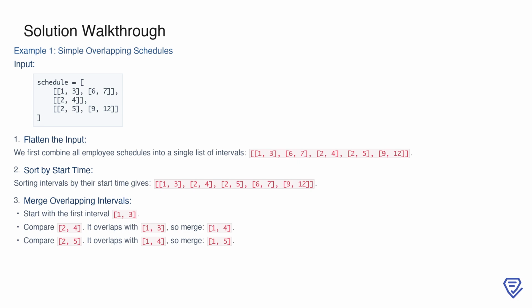With the intervals sorted, we can begin merging any overlapping intervals. Starting with the first interval, [1,3], we compare it with [2,4], which overlaps, so we merge them into [1,4]. Then, we compare [1,4] with [2,5], which also overlaps, resulting in [1,5].